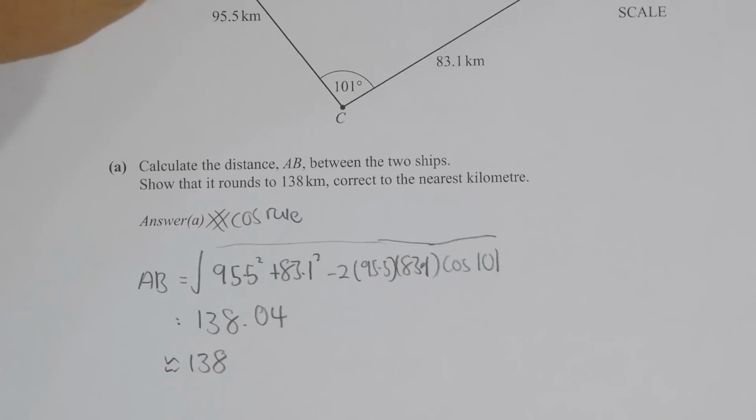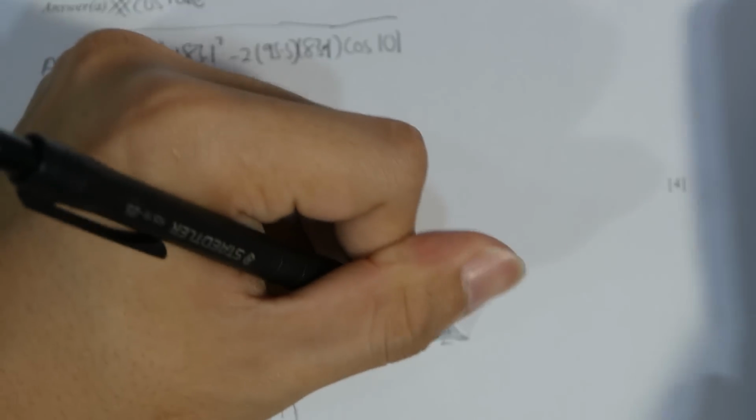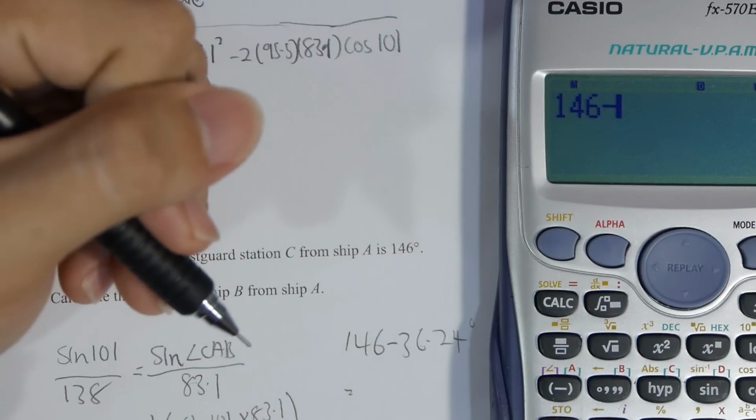So simply take 146 minus 36.24, then you'll be able to get the bearing as 109.76.